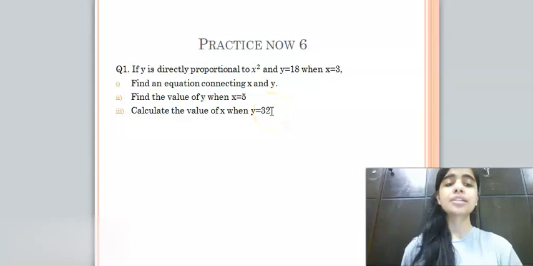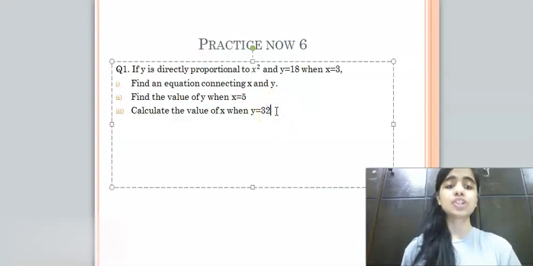So we have done a similar question, but the only difference is that now this is x square. So y is directly proportional to x square and we need to make an equation. In order to make an equation, we need to first find out the constant k. Can you identify how we will find out the constant k? Yes, constant k will be y upon x square.